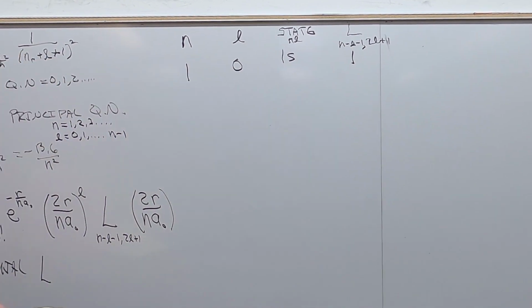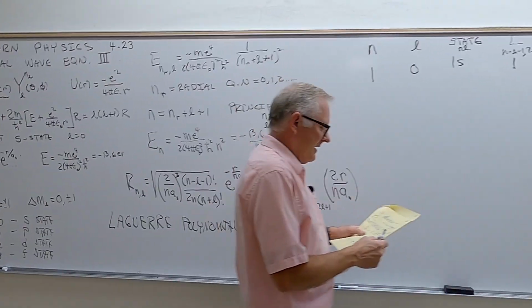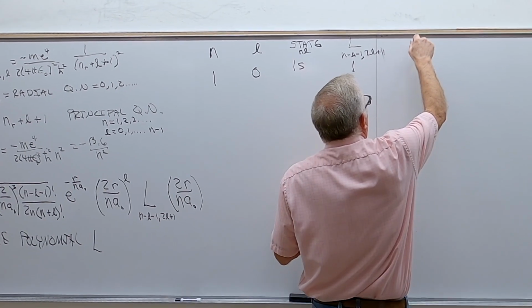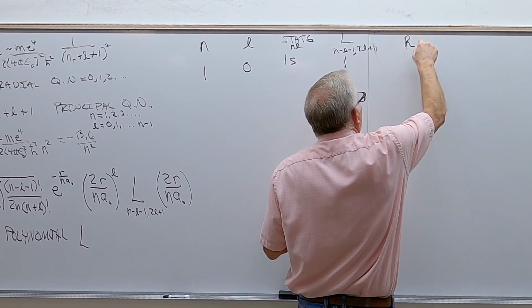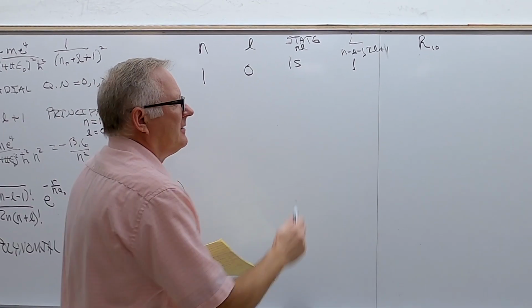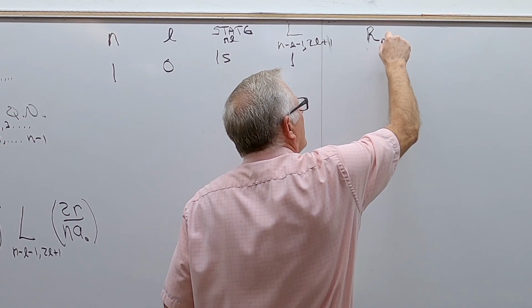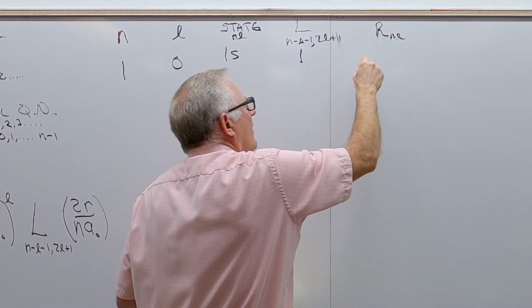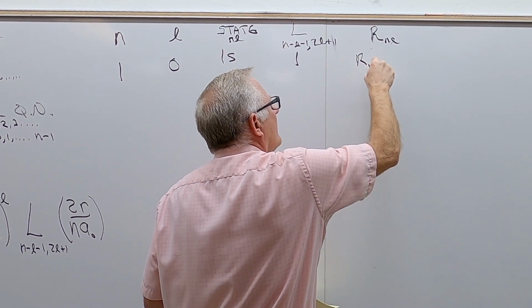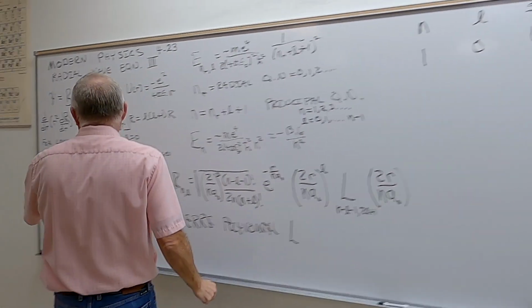So we didn't even have it in our first state. We didn't have any Laguerre polynomial. There was just 1. And so that meant the radial function, we would call it R10, because it's R sub nl. So maybe I should write it like that. R10 should just be what we had over here. It should just be this one right here.